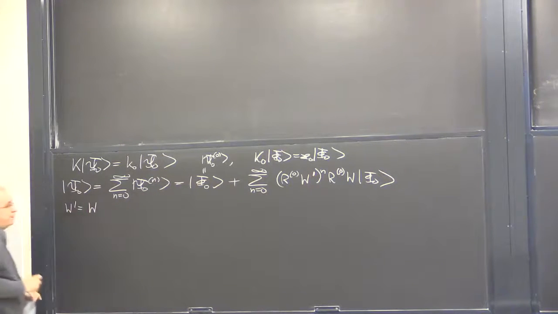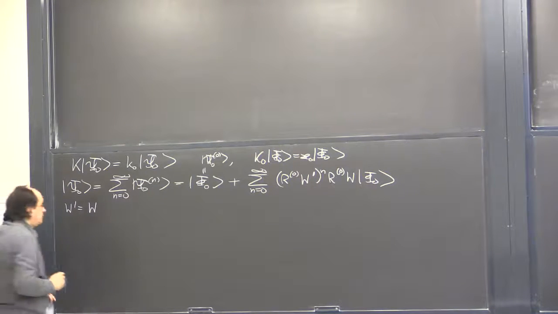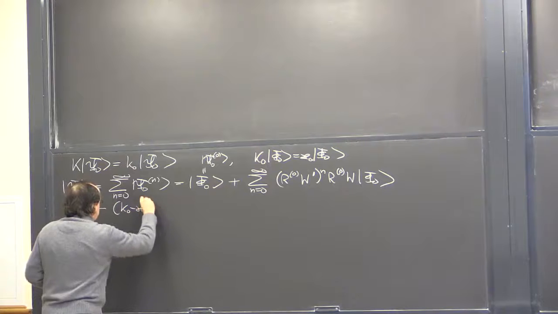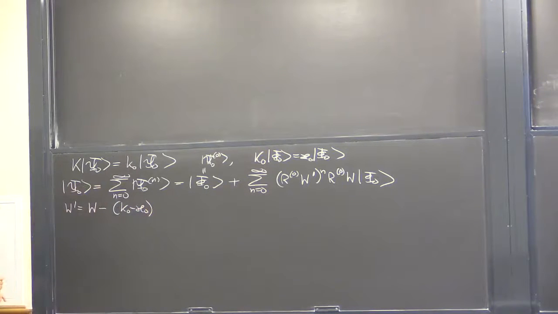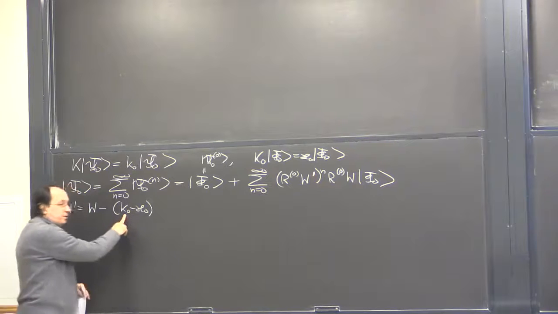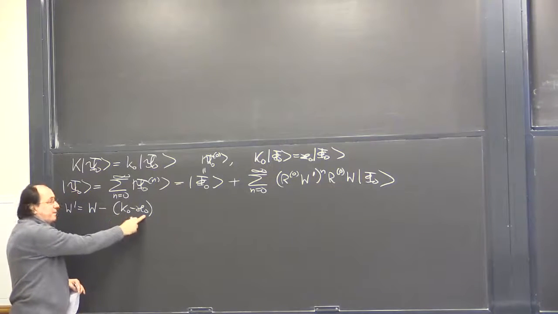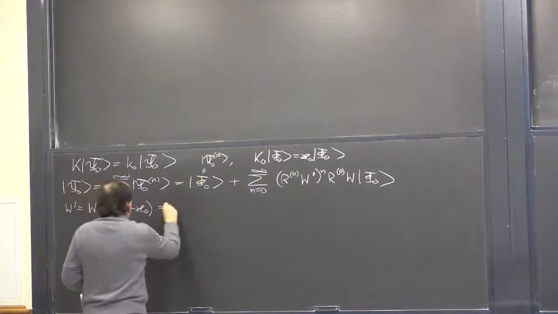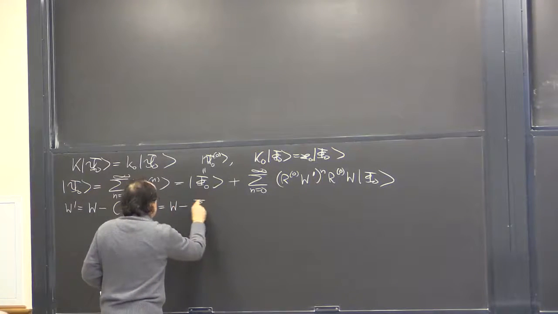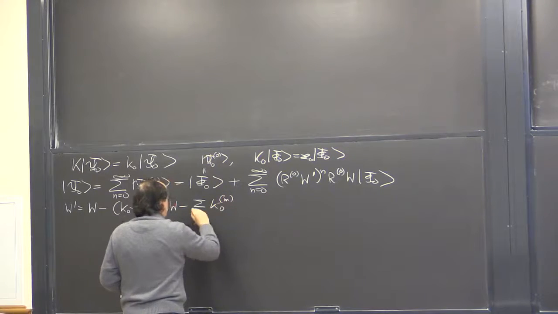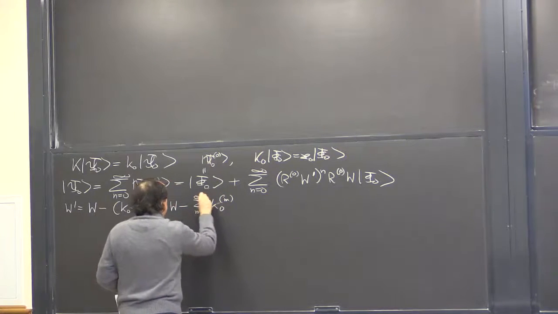And the quantity W prime, which we have to use here, is simply the perturbation operator W minus K0 minus kappa 0. Okay? Which, given the fact that we have a perturbative series for K0 as well, and kappa 0 is the zero order approximation to K0, is simply W minus the sum of K0 M, where M runs from 1 to infinity.